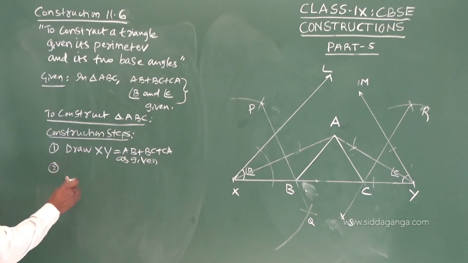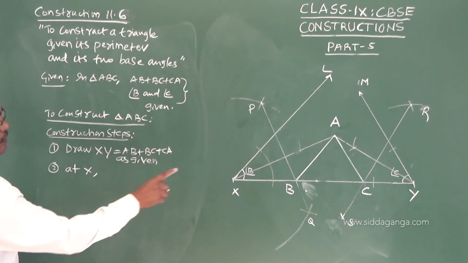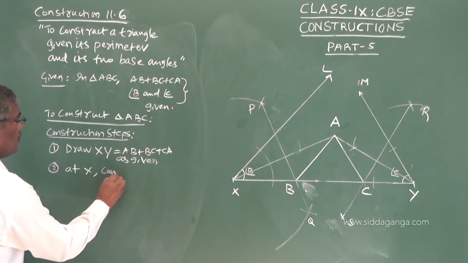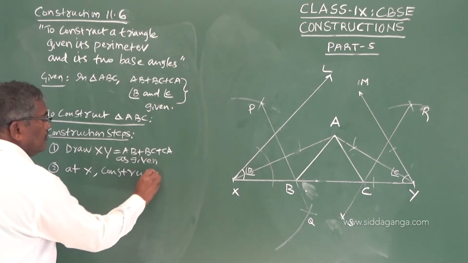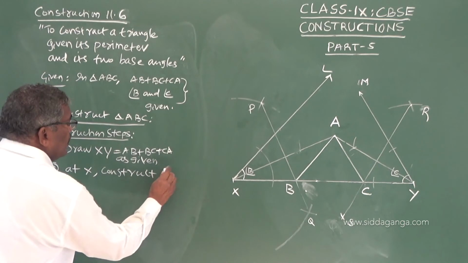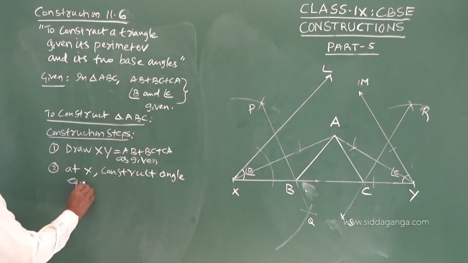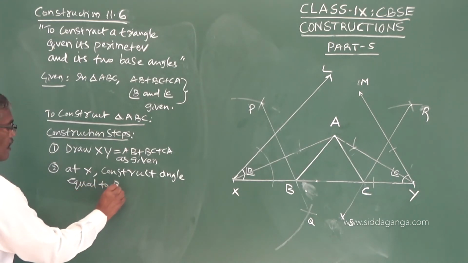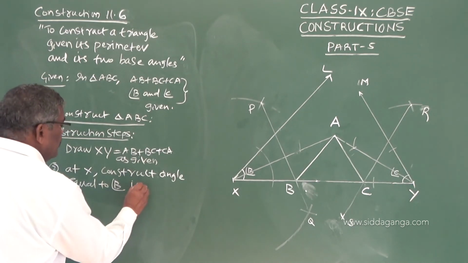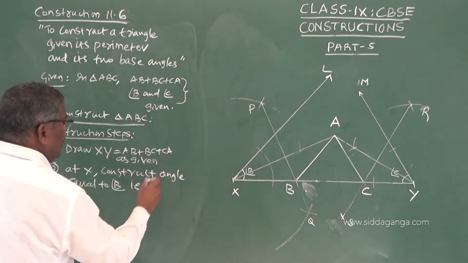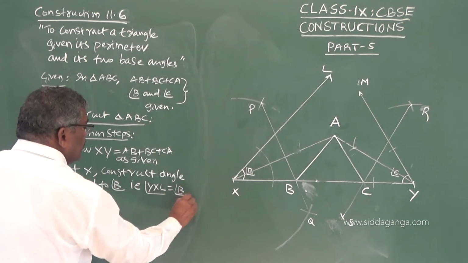Second, at X construct angle equal to angle B. So that is angle YXL is equal to angle B.